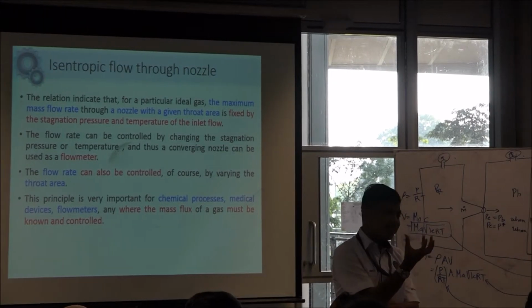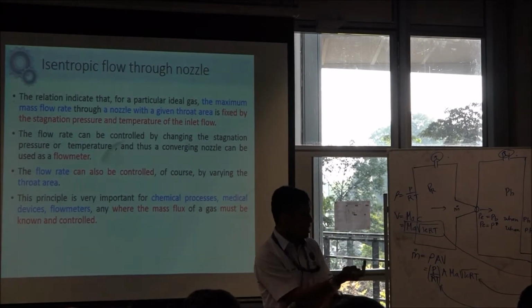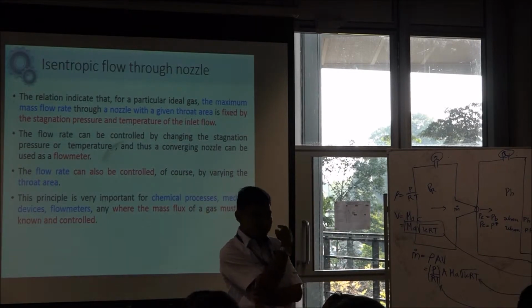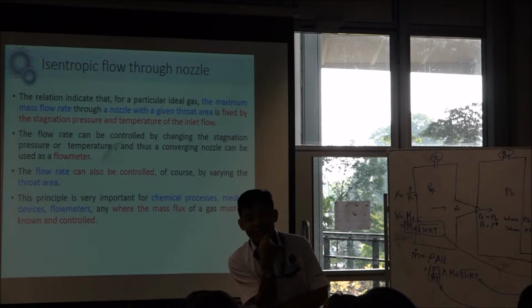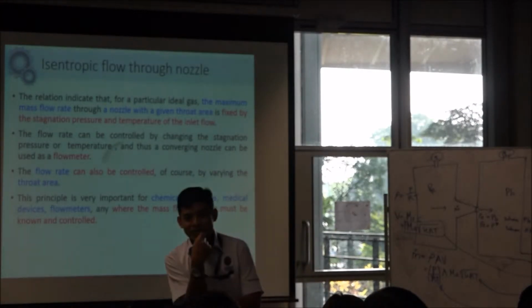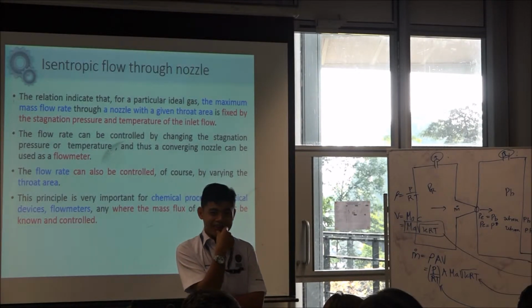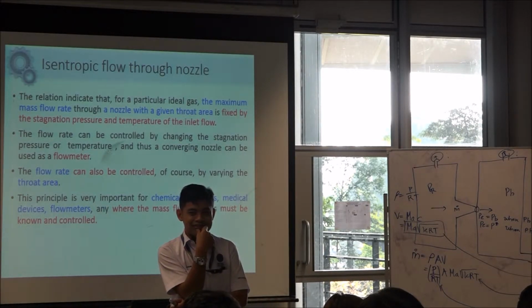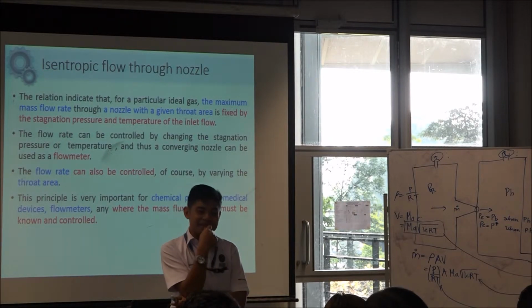The Venturi meter that you learned in fluid mechanics 1, is it the same concept with the flow meter using this nozzle? Converging, diverging for the Venturi meter. Okay. Yes, of course. The fluid is different.